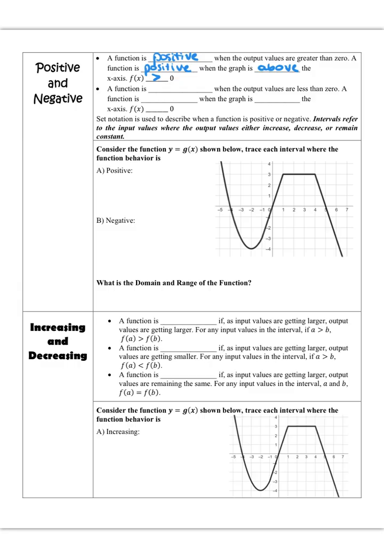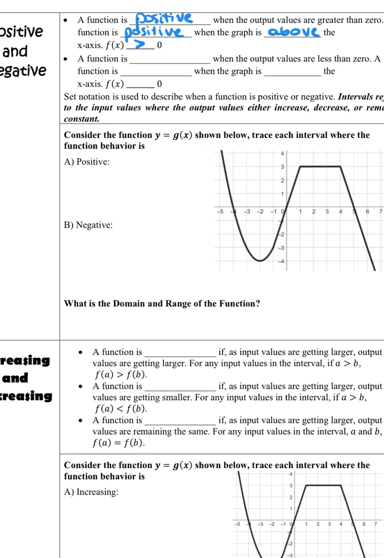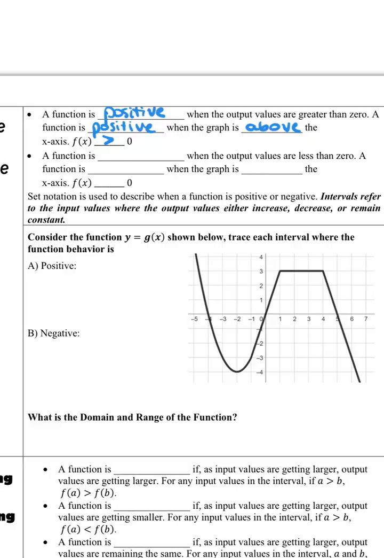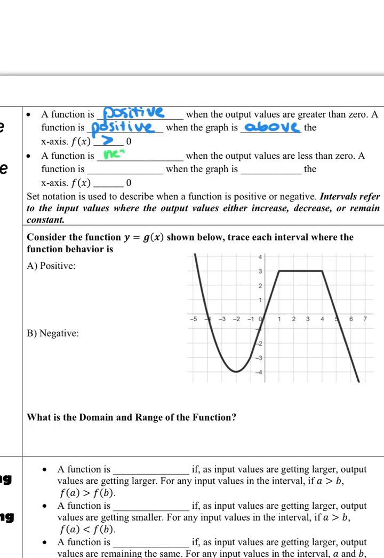And then we say the function is negative when the outputs are less than 0. So the function would be negative when the graph is below the x-axis, or f of x is less than 0.